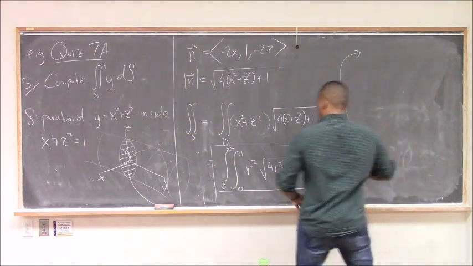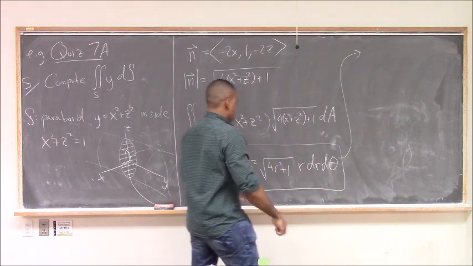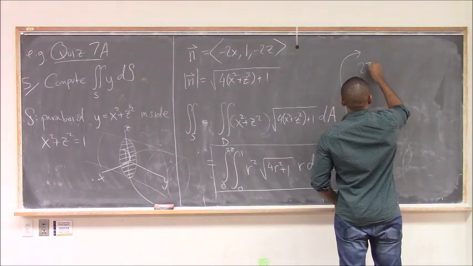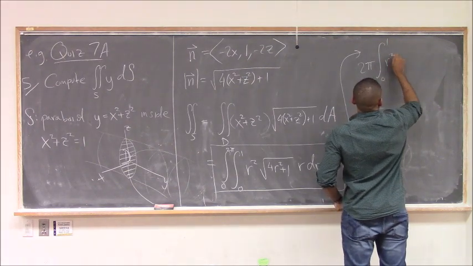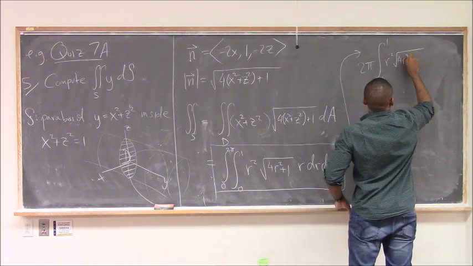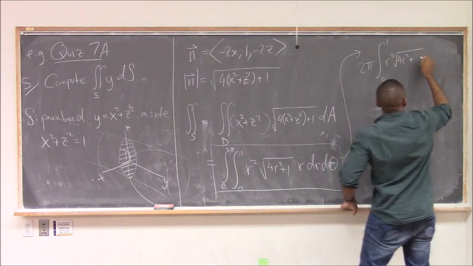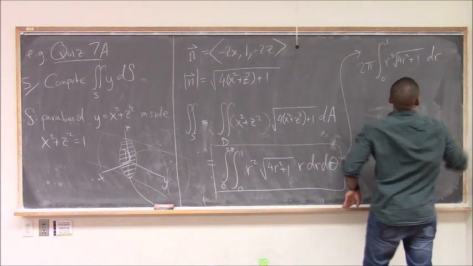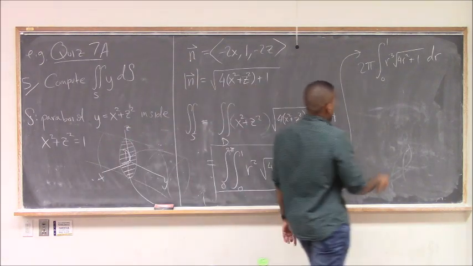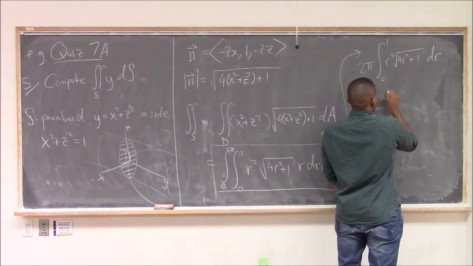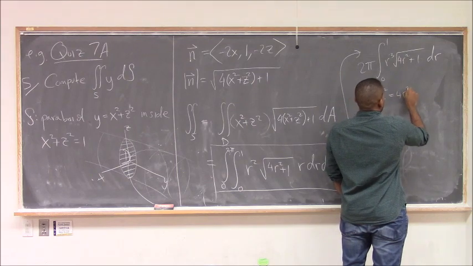Well, for one, there are no thetas, so really I know I'm going to have 2 pi times this integral. Well, that would be r cubed now, dr. So that's what I would end up having. And at this point, I would just do a u substitution. Let u squared equal 4r squared plus 1.